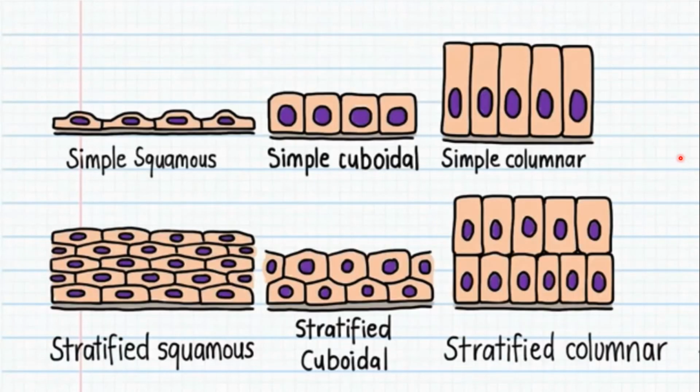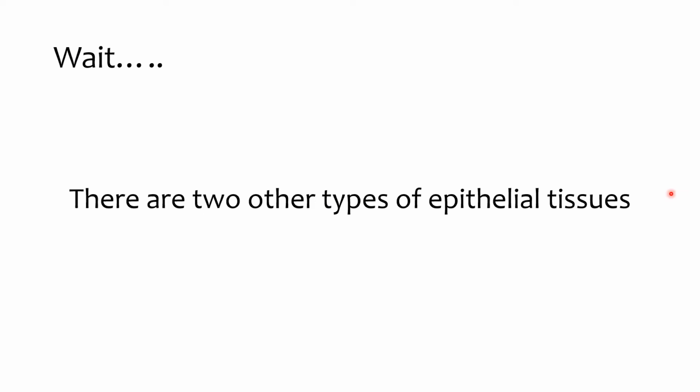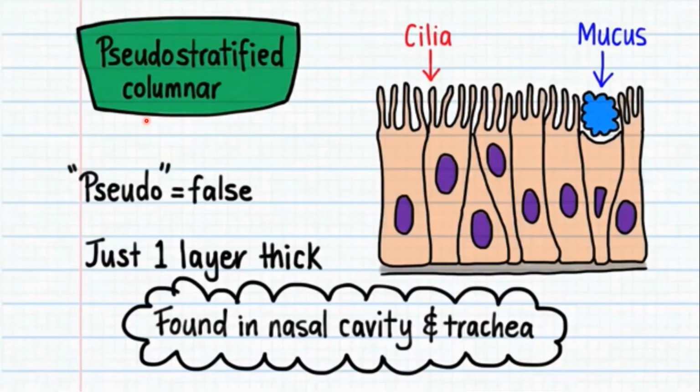Again, here are the various types of epithelial tissues that can be found all over our body. But wait, there are two other types of epithelial tissues. What are they? The first one is the pseudostratified columnar. The pseudo means false.